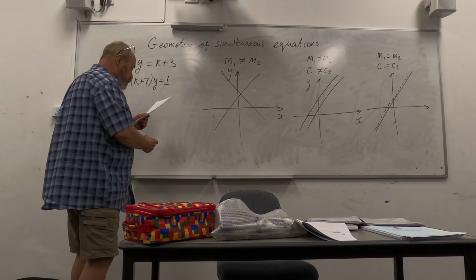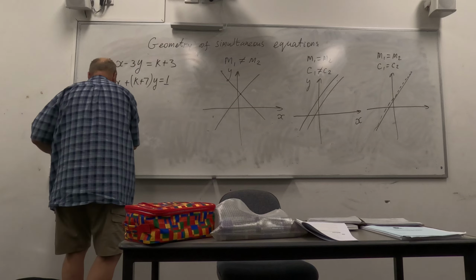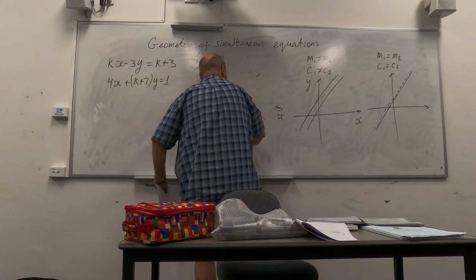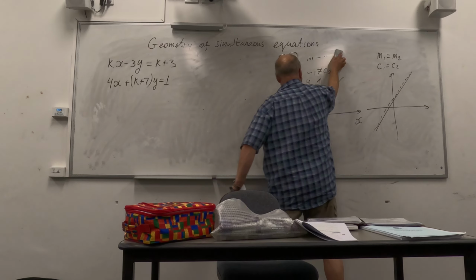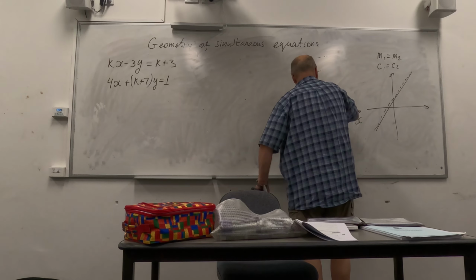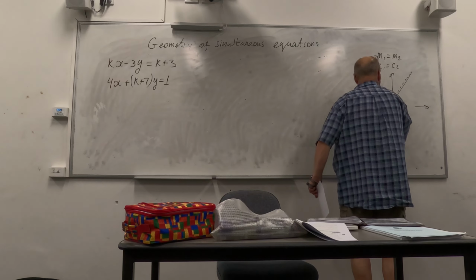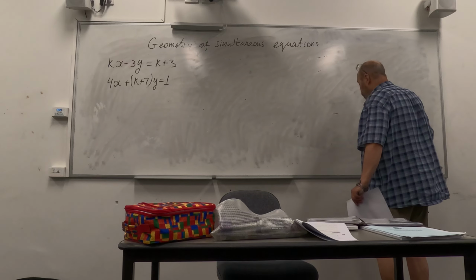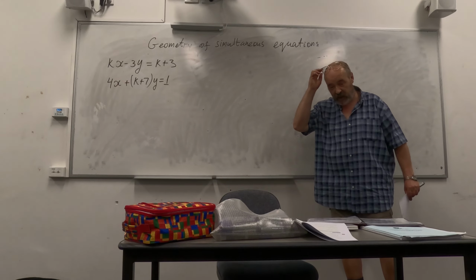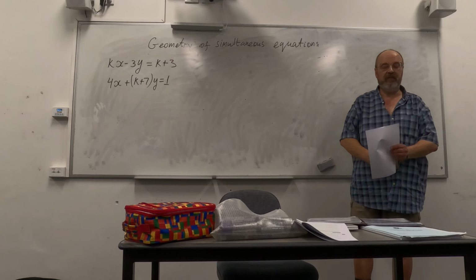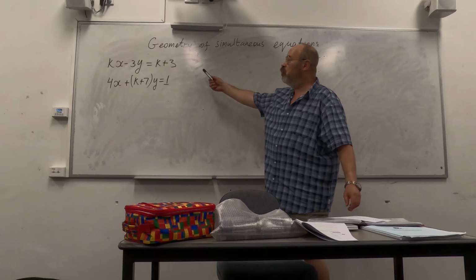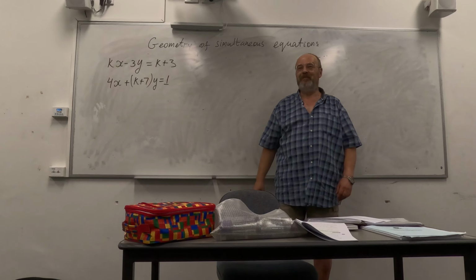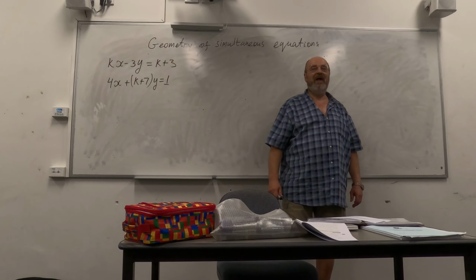Find the value of k for those equations to have infinitely many solutions. That is the last case: same gradient and same y-intercept. Do we need to rearrange these into gradient-intercept form? No, we don't need to.